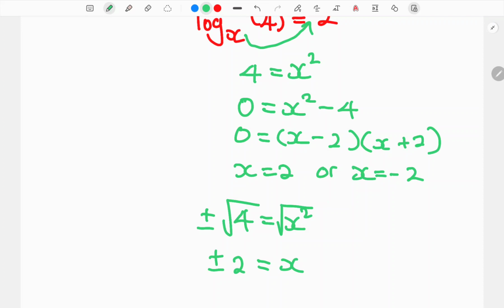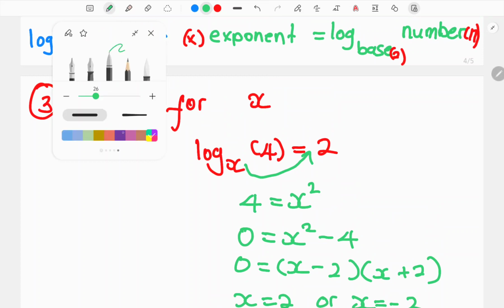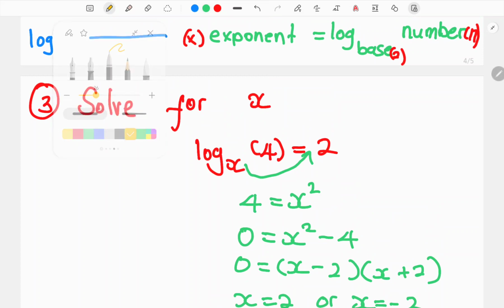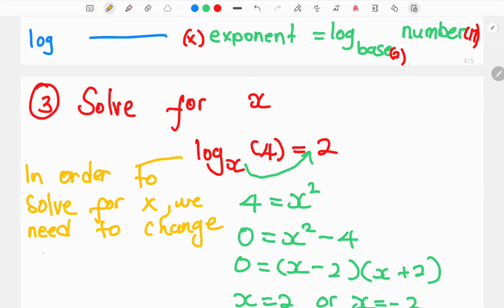So let's make a quick, important note. In order to solve for x, we need to change into exponential.